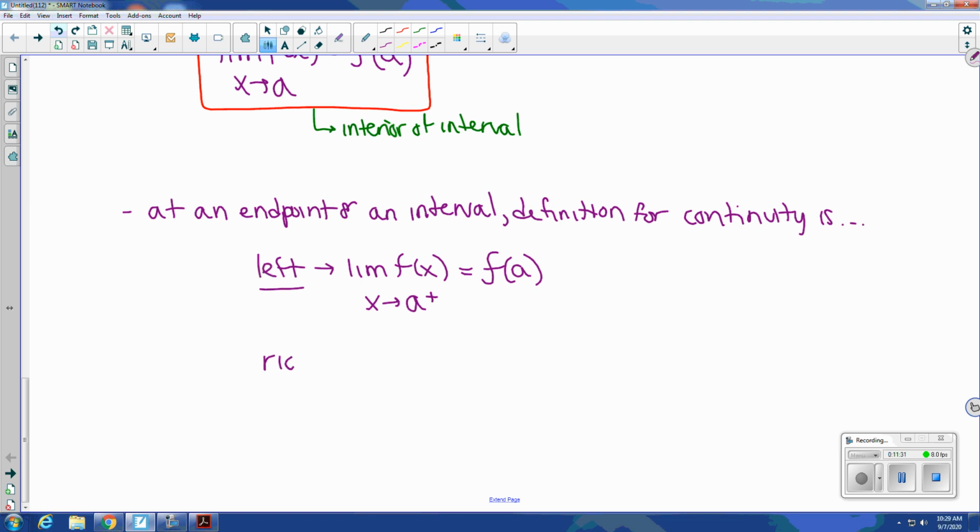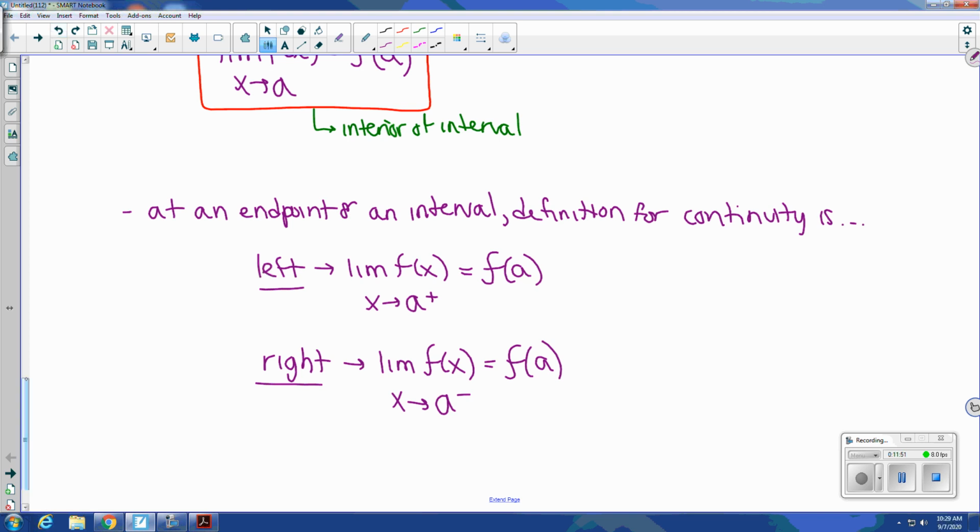And then for the right end of the interval, we're coming from the left, so you can expect our left-handed limit. Again, coming from the left, moving right, that will get you to the right endpoint. So those are our definitions for endpoints of intervals if we want to test for continuity there.